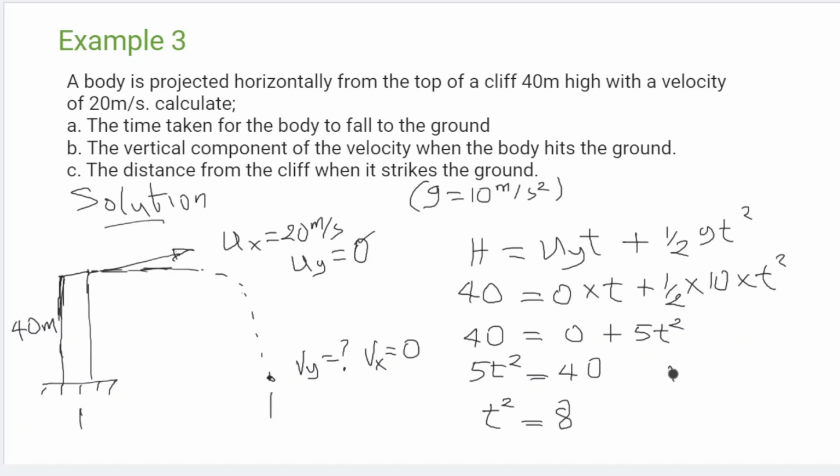So t will be the square root of 8, and with a calculator, it gives us 2.83 seconds, approximately, to 2 decimal places. So that is our answer for the first part of the question.